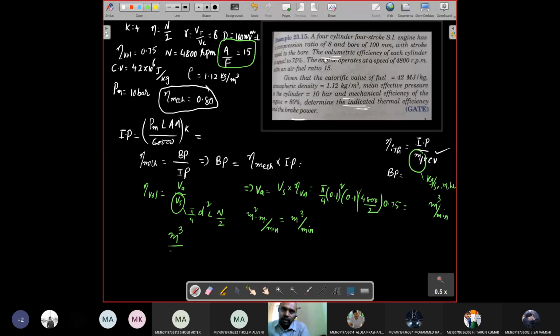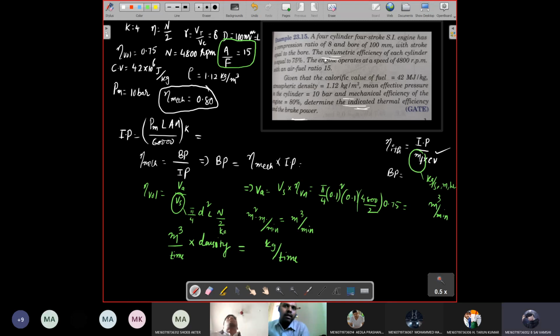If you have meter cube per any time and multiply with the density, it will be converted into kg per time, because the units of density are kg per meter cube, so meter cube will cancel. Therefore the final units are kg per time. Here you require kg per hour, but you are getting it per minute, so you can convert accordingly.